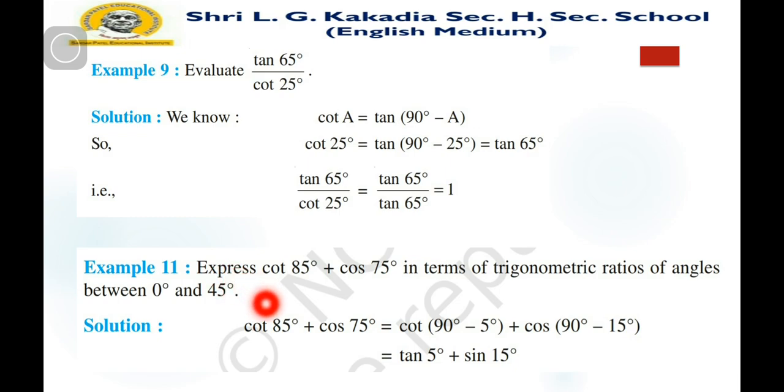So cot 85 means cot 90 minus 5, cos 75 means cos 90 minus 15. So cot 90 minus 5 is tan 5, and cos 90 minus 15 is sin 15. In this way we can solve such trigonometric equations.